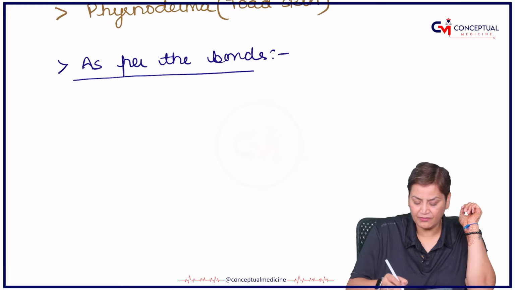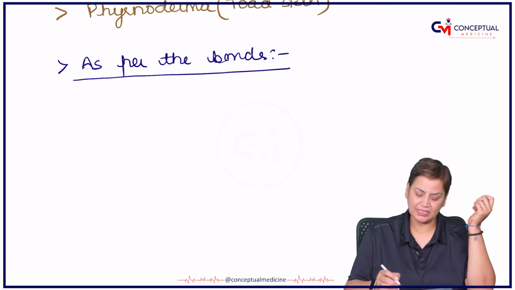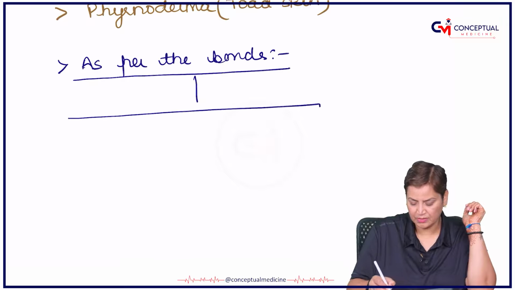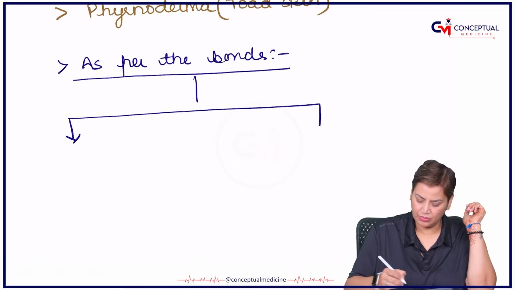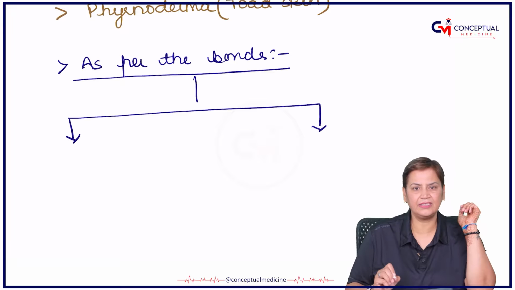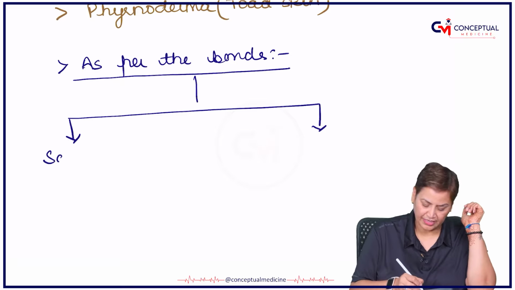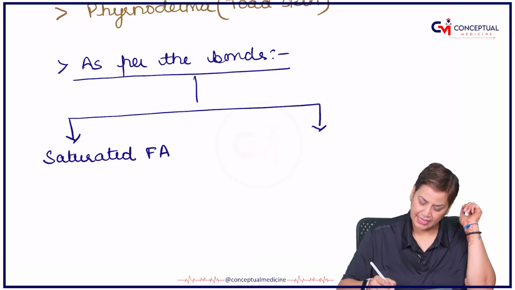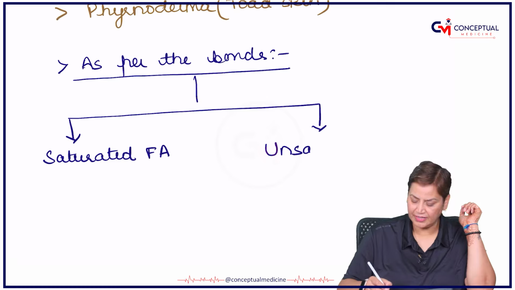Now, when we talk about classification as per the bonds, these fatty acids are classified again into two main categories: saturated fatty acids and unsaturated fatty acids.